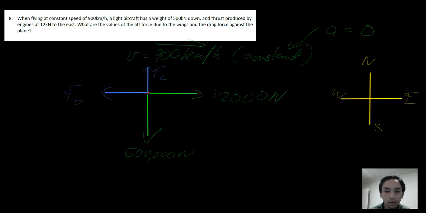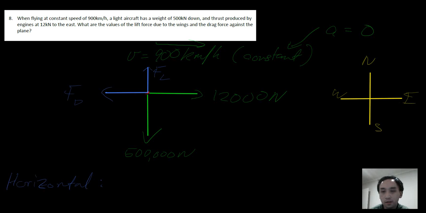Okay. Now, a couple of important things to keep in mind. If this aircraft is moving east, and let's say it's moving horizontally completely, that means in the horizontal components, it's moving constantly at this velocity of 900 kilometers per hour.